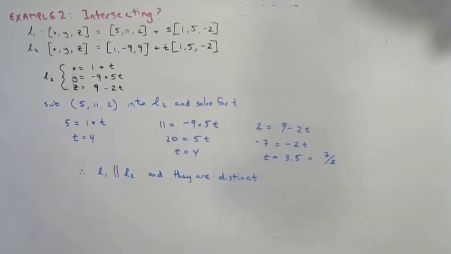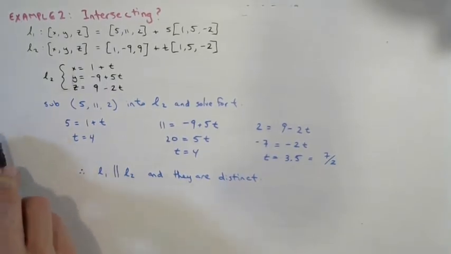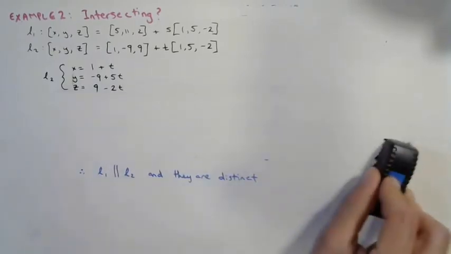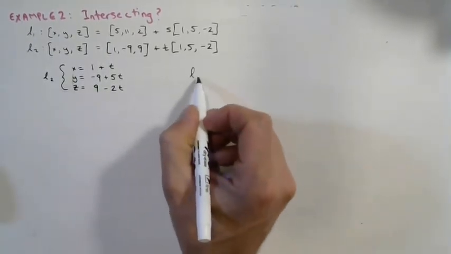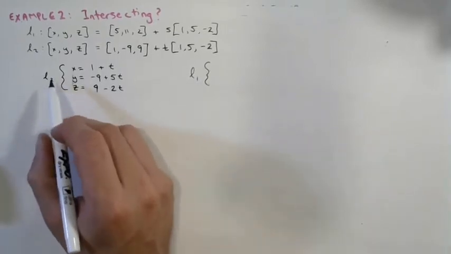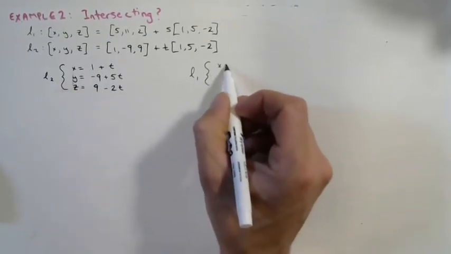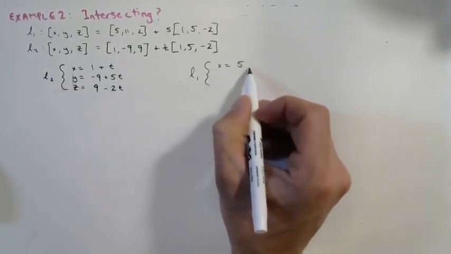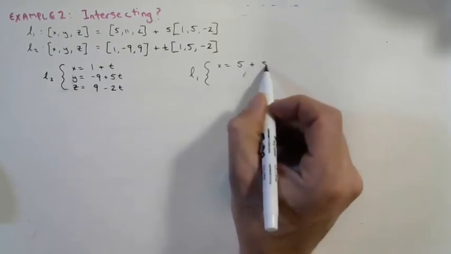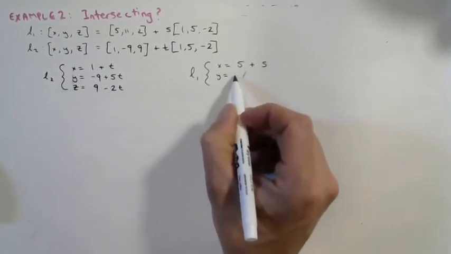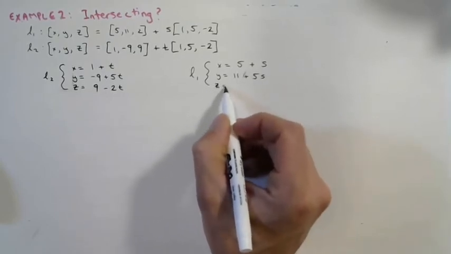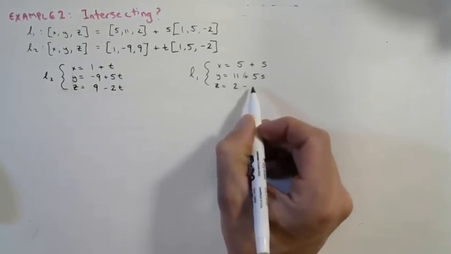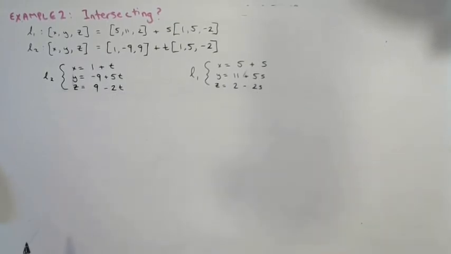There is a second way of doing this problem, very similar to what we did in the previous example, and it requires getting the parametric equations for L2 and L1. So we'll just do it for L1 for a sec: x is 5 plus s, y is 11 plus 5s, z is 2 minus 2s.